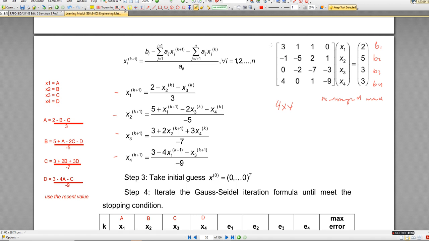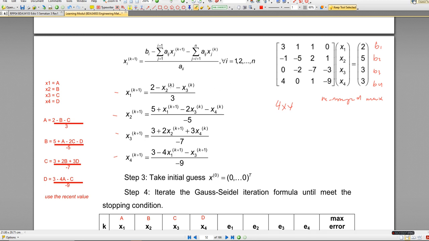The diagonal element in matrix A, that's why they put A here. So 3 minus 5 minus 7 and minus 9. So this is the element of matrix A, and this is the matrix B element.